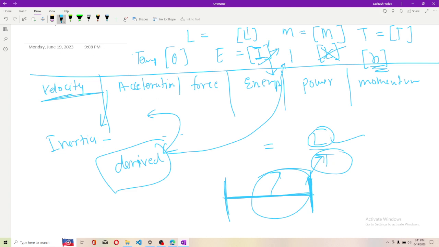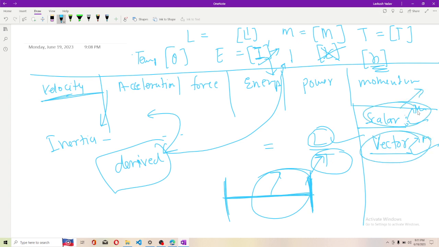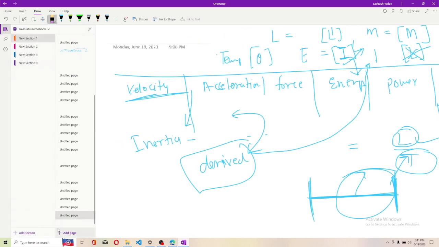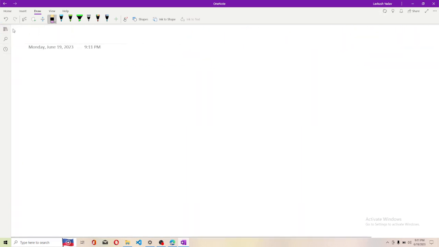Now you know what a scalar quantity is and what a vector quantity is. There is nothing more to go into because they are simple. A scalar has only magnitude, and a vector has both magnitude and direction. You can find many scalar and vector quantities, and a few quantities which seem to be vectors but are not. That you have to keep in mind. One is electricity, that is current.